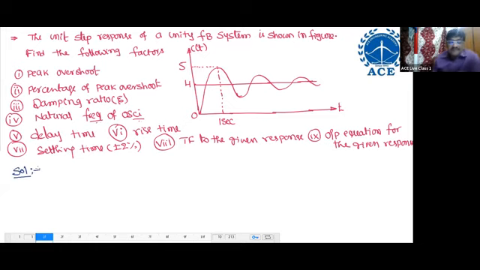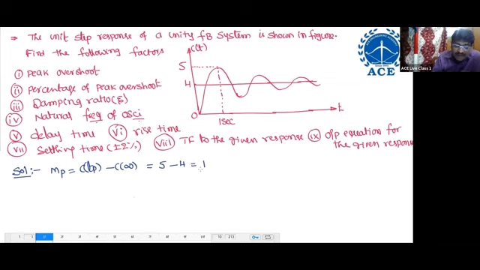Come on, solve it. First, find peak overshoot. What is the formula for peak overshoot? C of Tp minus C of infinity. That means C of Tp is 5 and C of infinity is 4. So that means MP is 1.